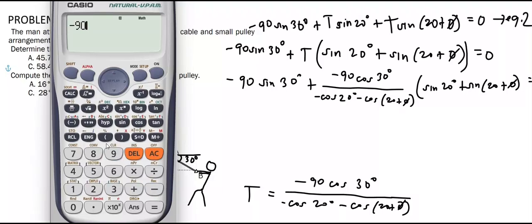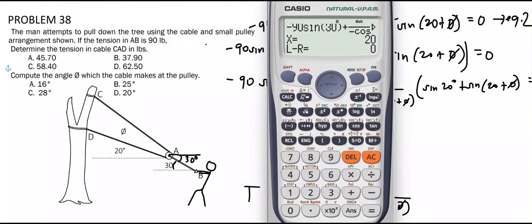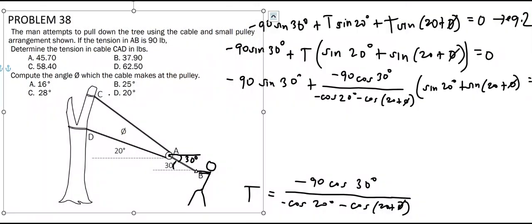So you have negative 90 sine of 30 degrees plus negative 90 cosine of 30 degrees divided by negative cosine of 20 degrees minus cosine of 20 plus phi times sine of 20 degrees plus sine of 20 plus phi equal to 0. If solved, you can solve for phi that is equal to 20 degrees. That is letter D.